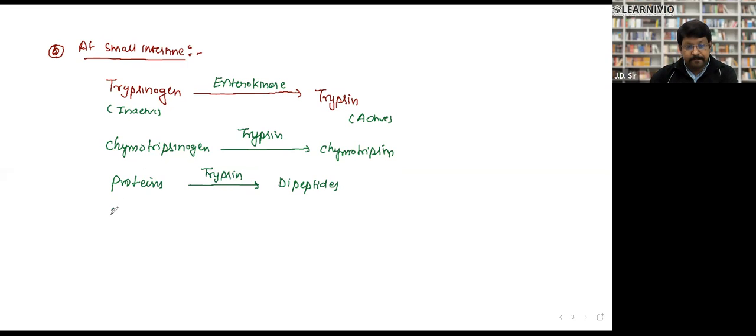Elastin protein is converted into dipeptides by an enzyme called elastases, right?